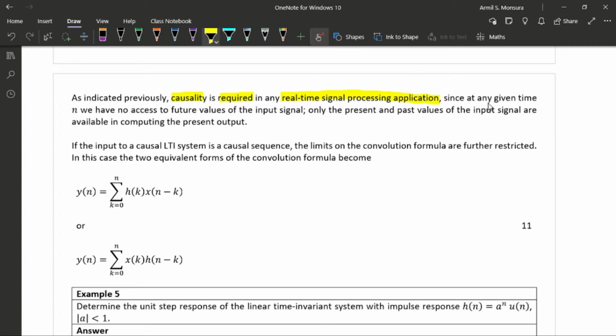At any given time, we have no access to the future values of the input signals since we are talking about real-time signal processing. So we don't really have an idea of what the future values of your input sequence are. Only the present and past values of the input signal are available in computing the present output.